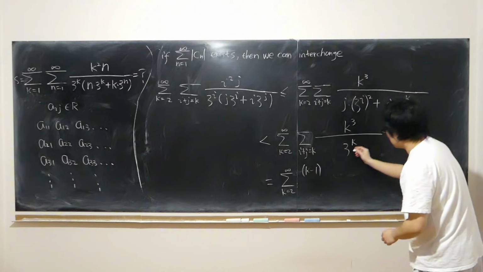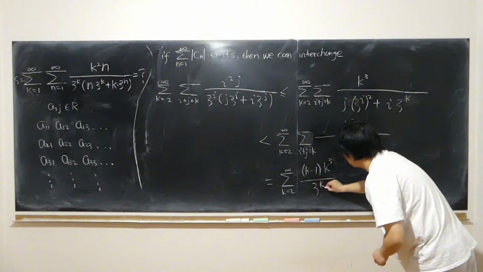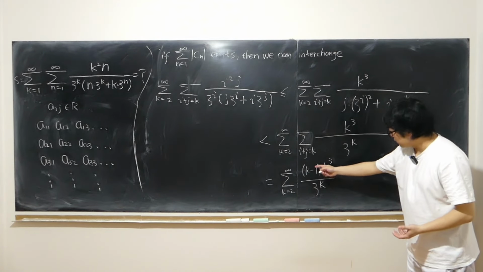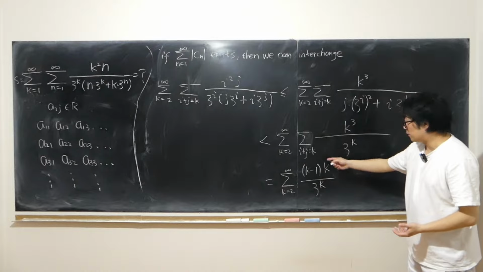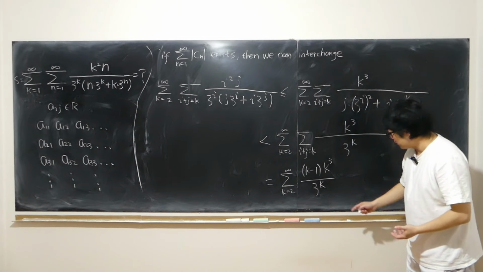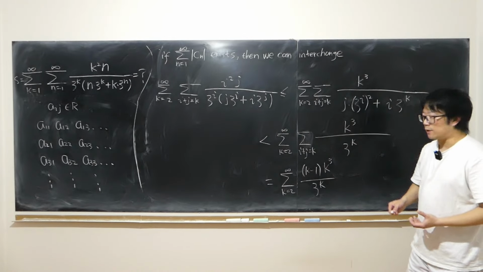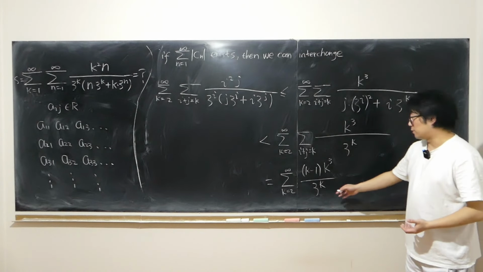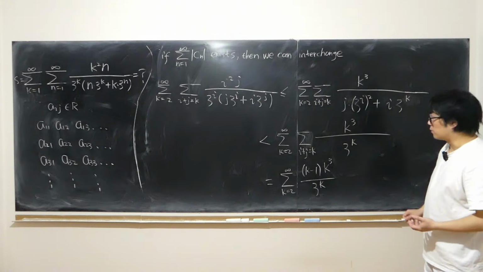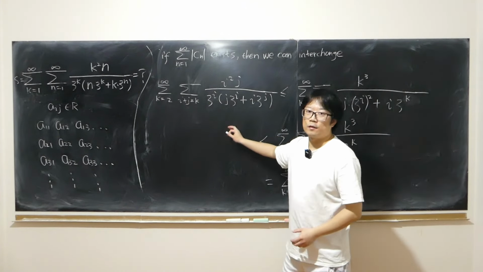Every term is the same. So this doesn't matter either because it's just a power, k to the power whatever, 4. Right? Cannot grow faster than 3 to the power k. This grows much faster. So without even getting to details, I can already see that this converges. Right? So yes, the condition is satisfied. So really we can interchange.